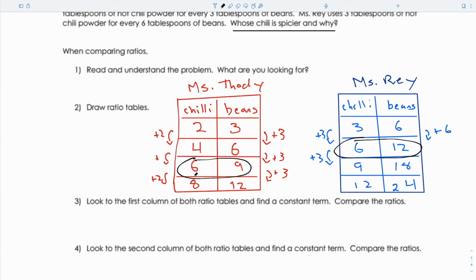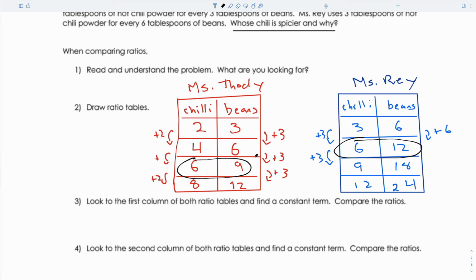So when she uses 6 tablespoons of chili powder, that's the stuff that makes it hot. She uses 9 tablespoons of beans. When she uses 6 tablespoons of chili for Mrs. Ray, the same amount, how many beans does she use? 12 tablespoons. If you're cooking and you add more beans into the recipe, what's going to happen?